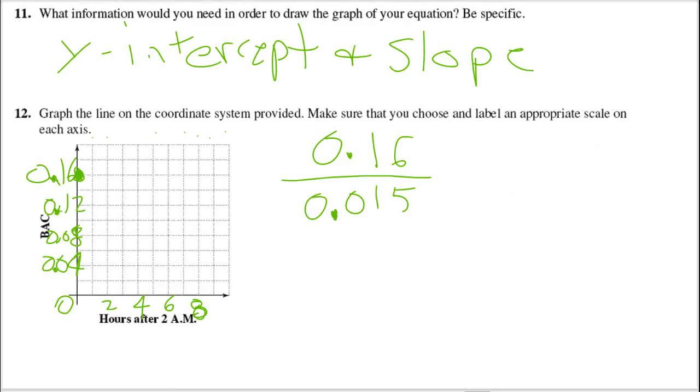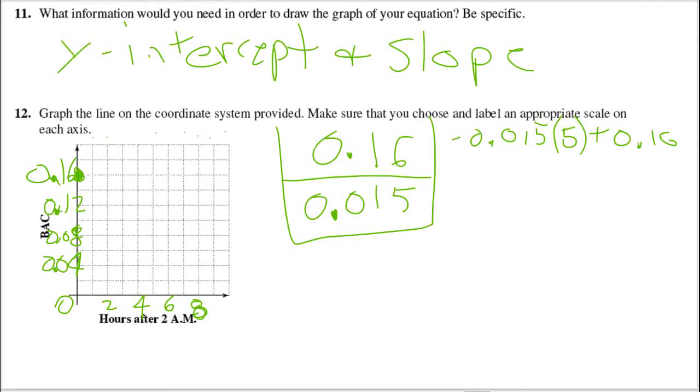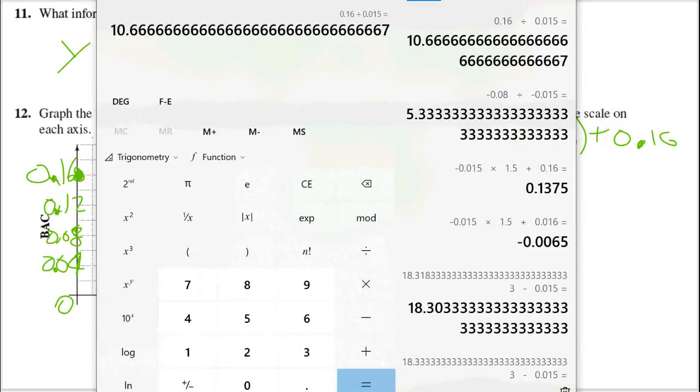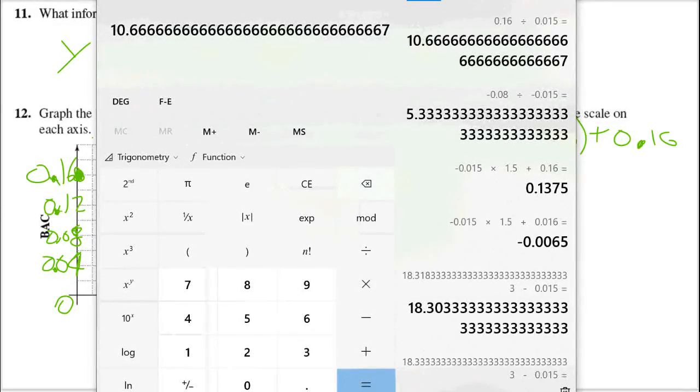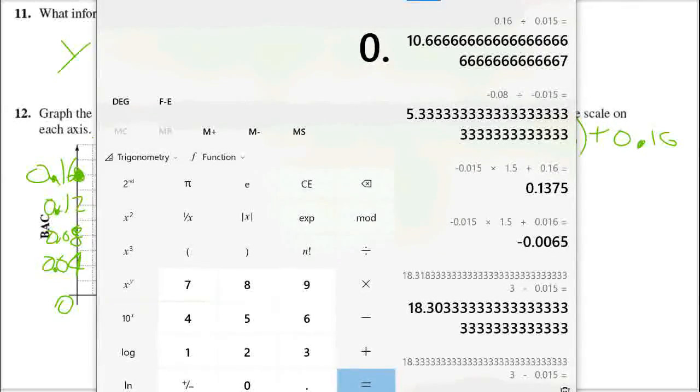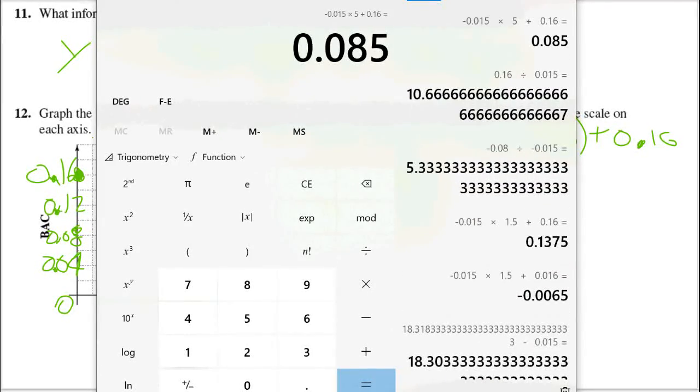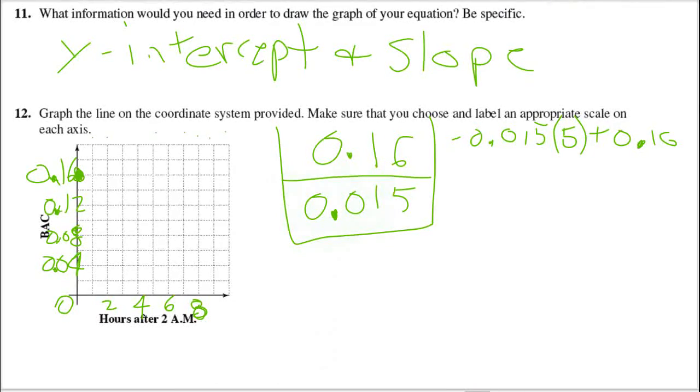So I'm going to take negative 0.015 times 5 hours plus 0.16. I get 0.085.